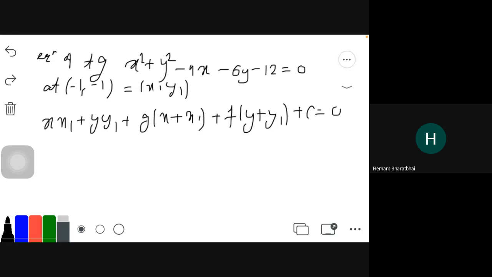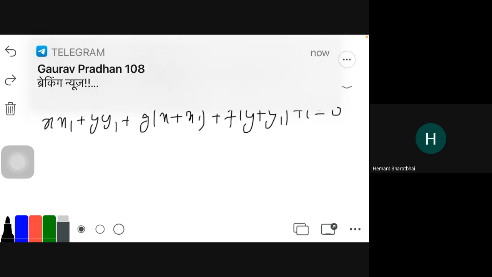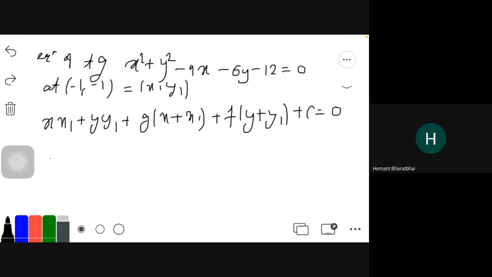So you need the values of all this. So you will compare this with the general equation, that is x square plus y square plus 2gx plus 2fy plus c is equals to 0.